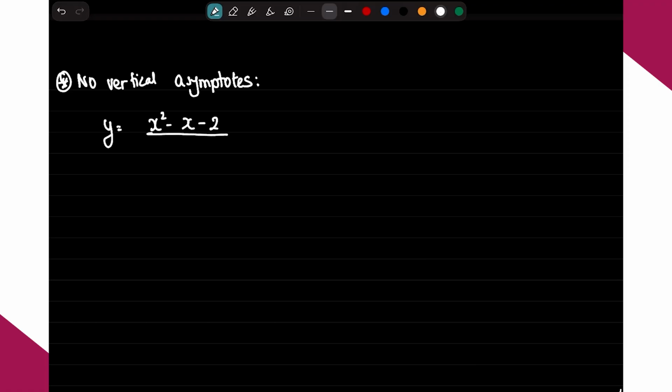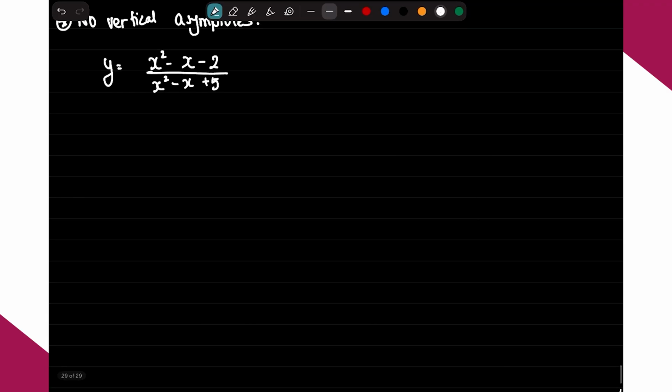All right, so the next type of curve that we're going to be looking at is, let's say we have no vertical asymptotes. And what that means specifically is, let's say you've got the curve y equal to (x squared minus x minus 2) divided by (x squared minus x plus 5).